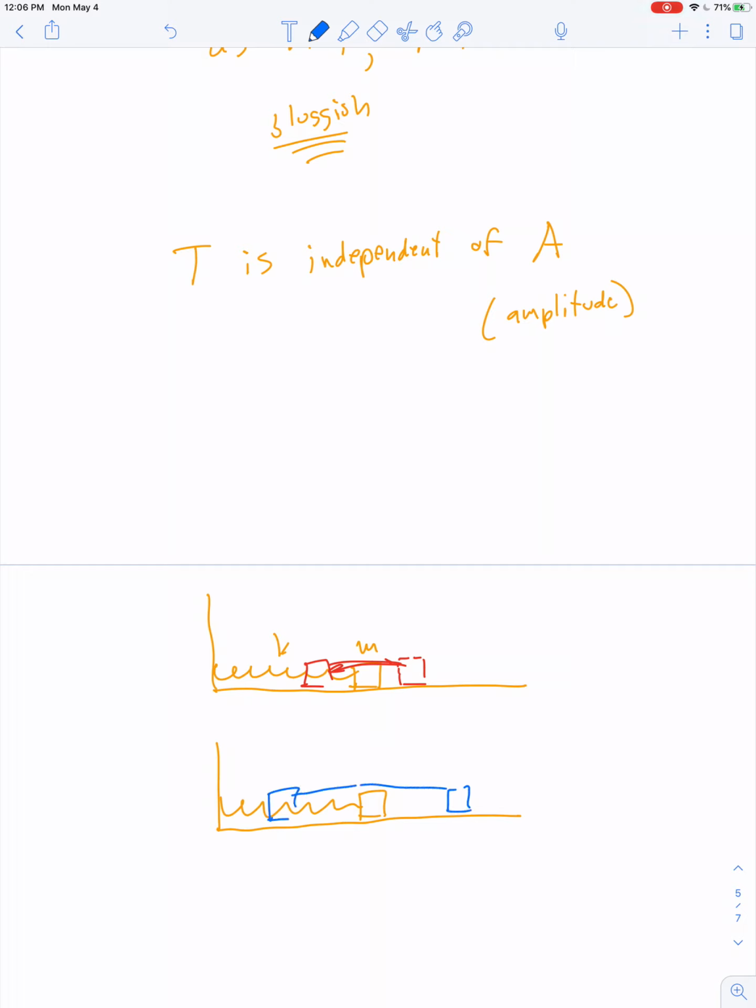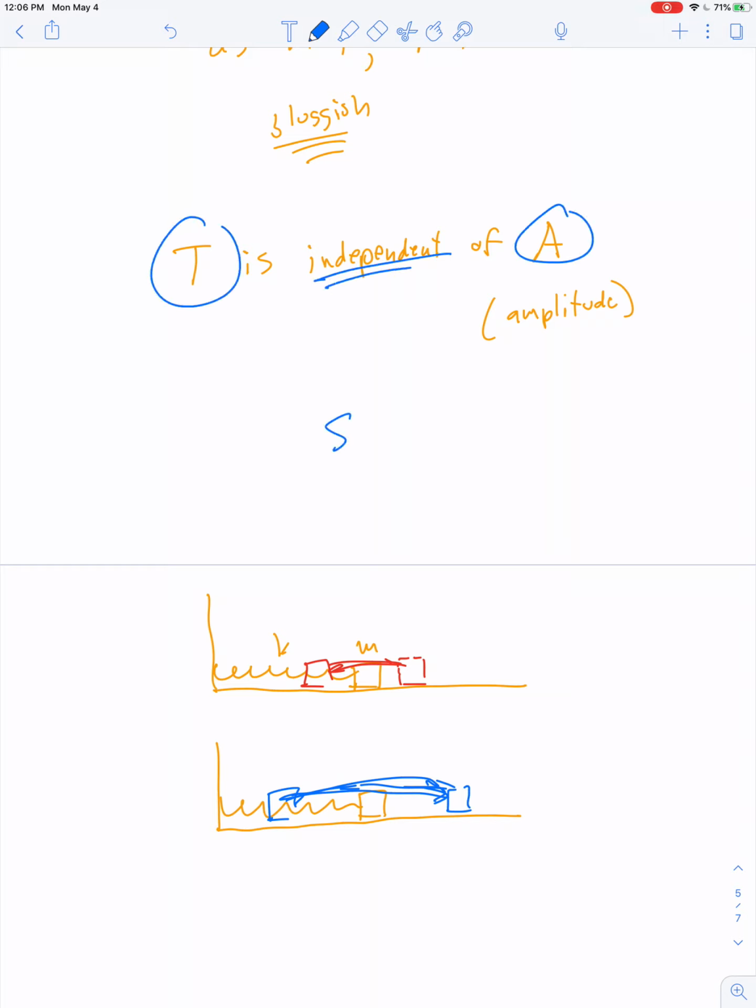Well, now it has farther to travel in one full cycle. Why doesn't the period change? Yeah, it has farther to travel, but it also has a more forceful spring engaged on it. Hooke's law says the farther you stretch the spring, the greater the amount of force. And so the two have a canceling effect. The greater distance is negated by the greater speed, and therefore the period ends up being independent of the amplitude.